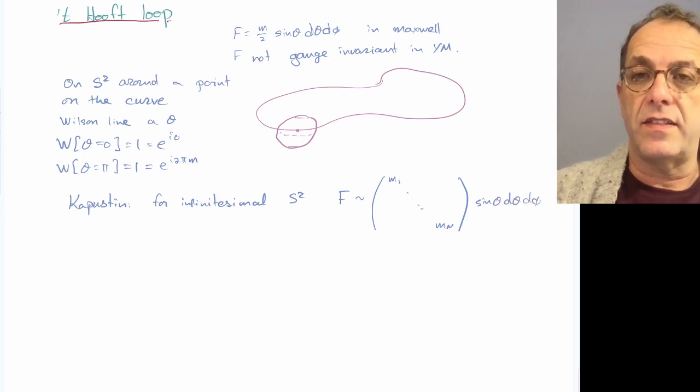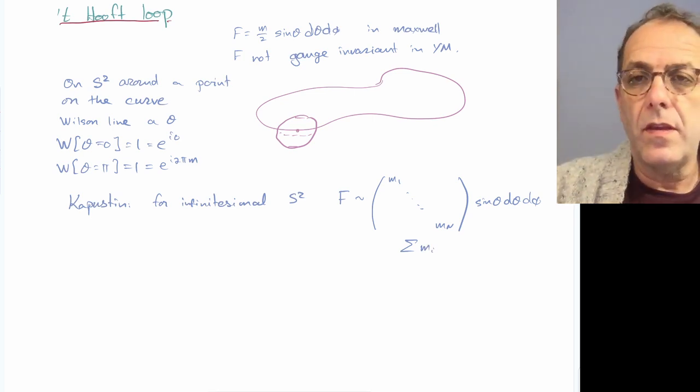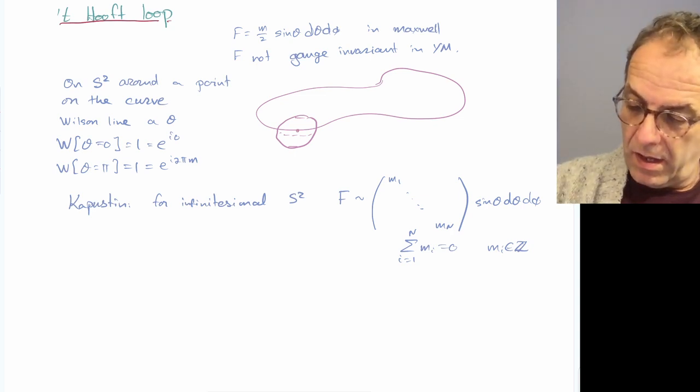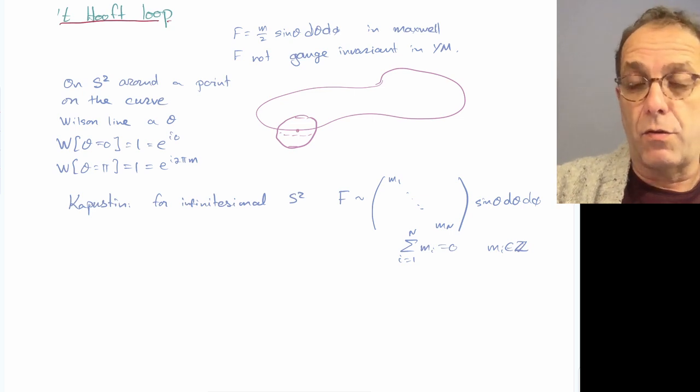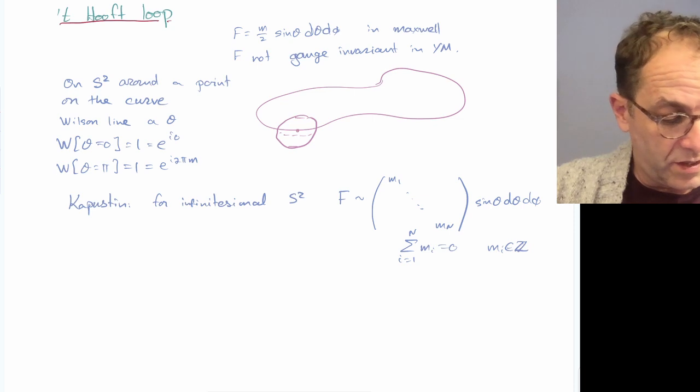So he sets a singular boundary condition along the curve. So we have arbitrary integers m_i. They need to sum up to 0 because we're in SU(N), not in U(N). And they are all integers. So this is Kapustin's definition.